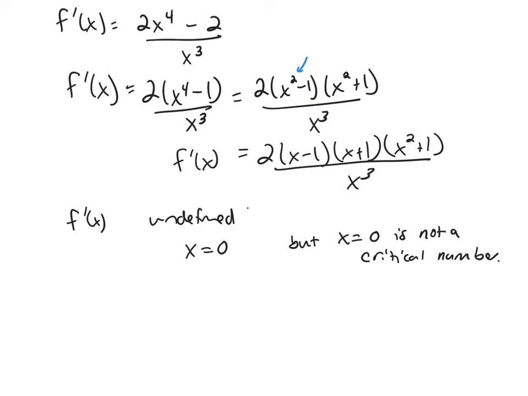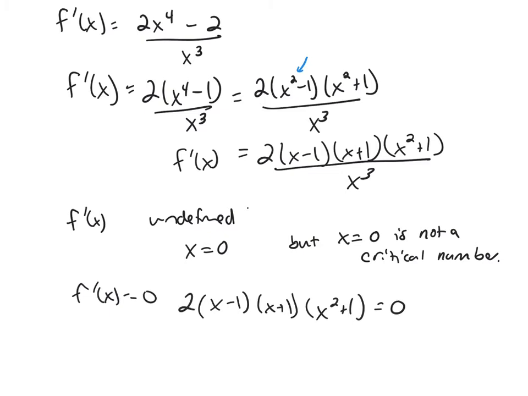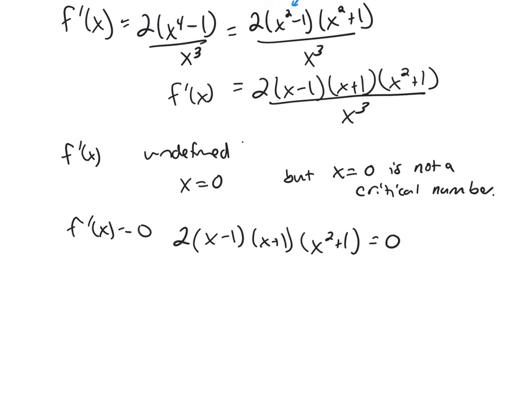And then I also want to know where f prime of x equals 0. So you're going to set the numerator equal to 0. The only ones that are going to give you solutions are x minus 1 and x plus 1. They give you 1 and negative 1.